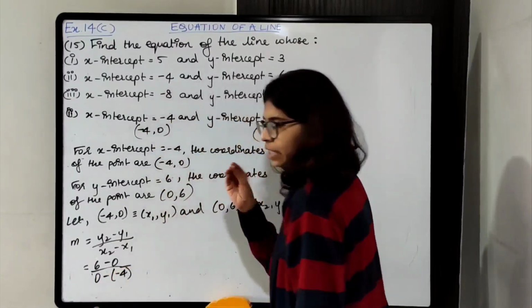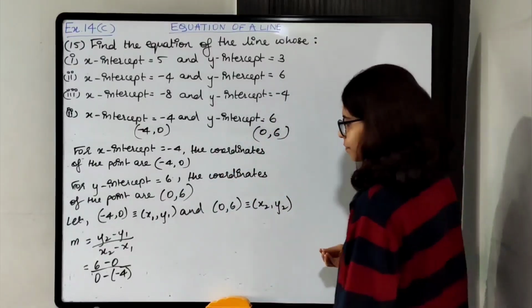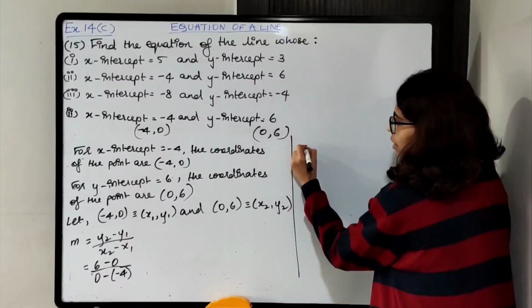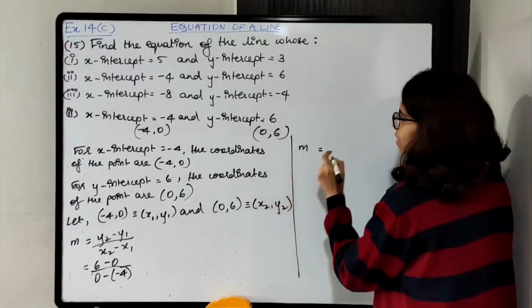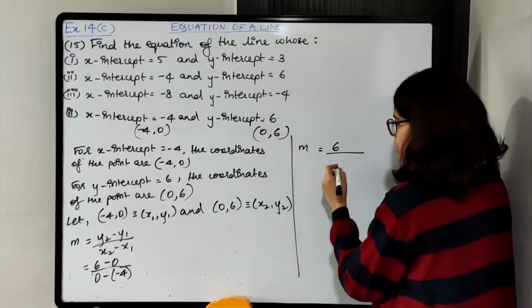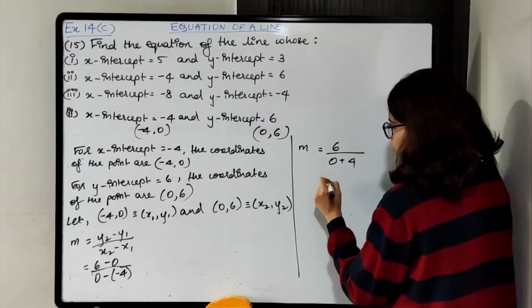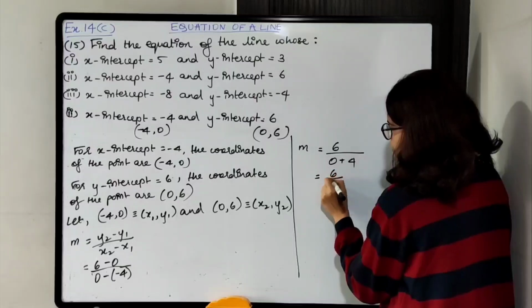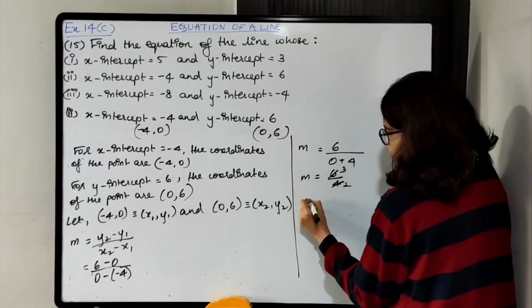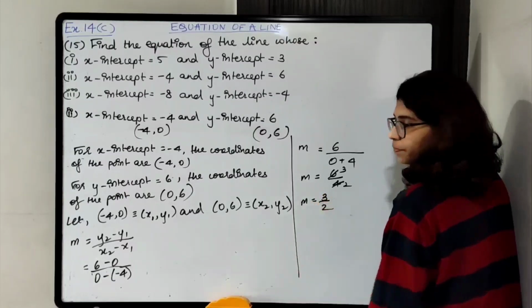Okay, so be very careful with signs. So we are getting m equals 6 minus 0 is 6, and 0 minus minus becomes plus, so 0 plus 4 is 4. That is 2 3s are 6, 2 2s are 4. So m is 3 upon 2.